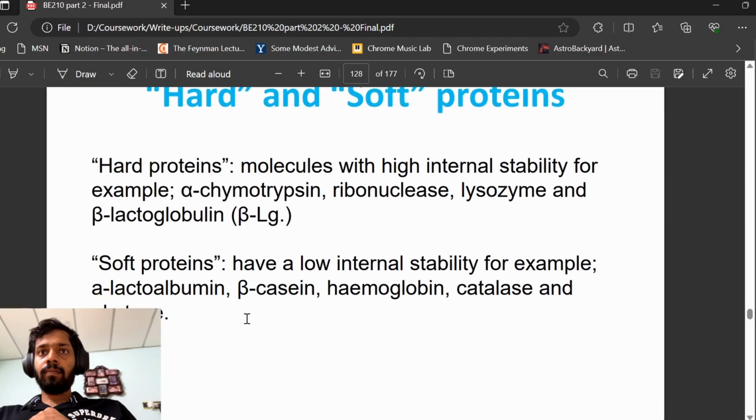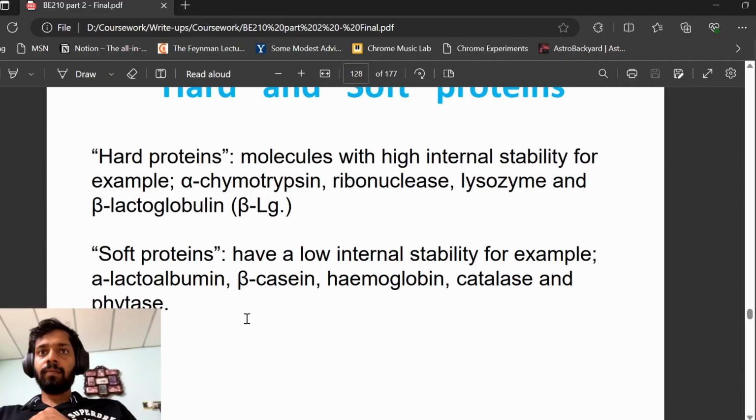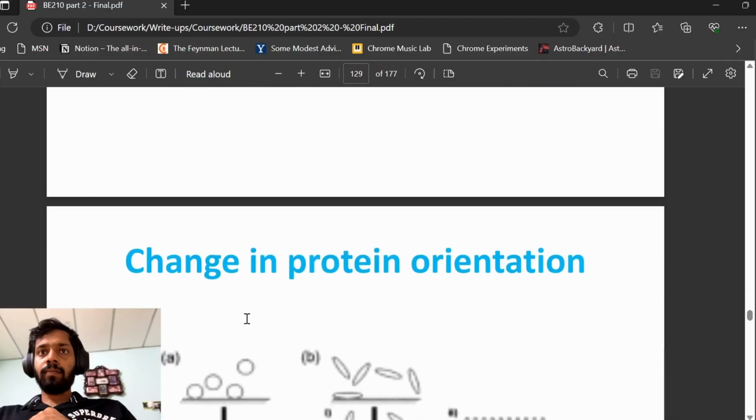Soft proteins usually have low internal stability, and their structures are not very robust, like hemoglobin and beta casein. Whereas hard proteins are proteins with high internal stability, like lysozymes, ribonucleases, and so on and so forth.